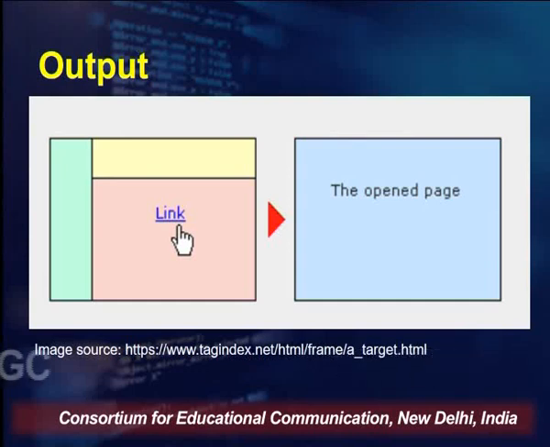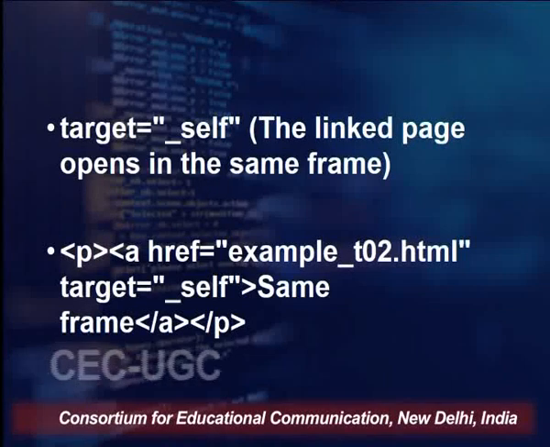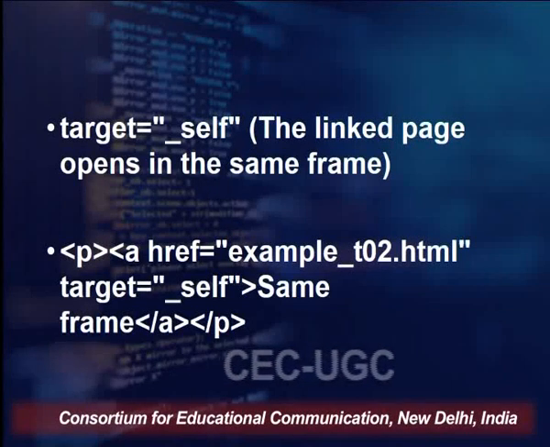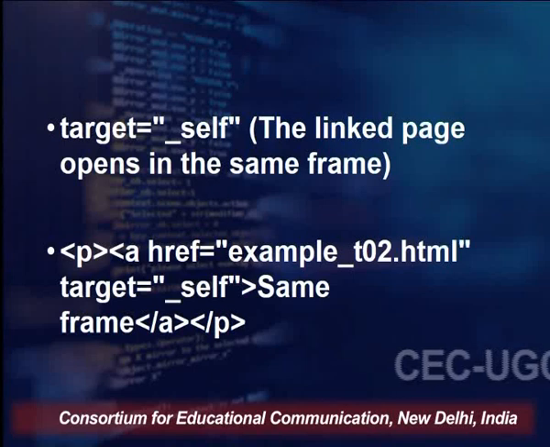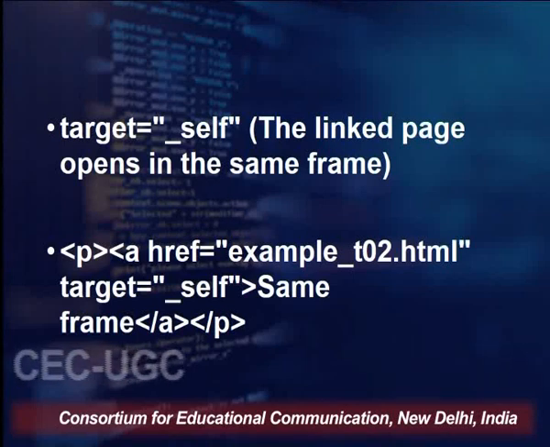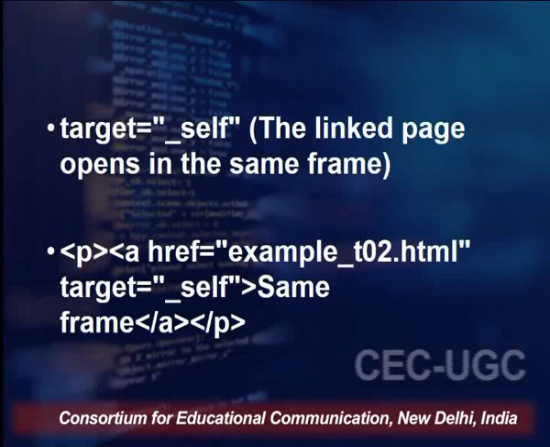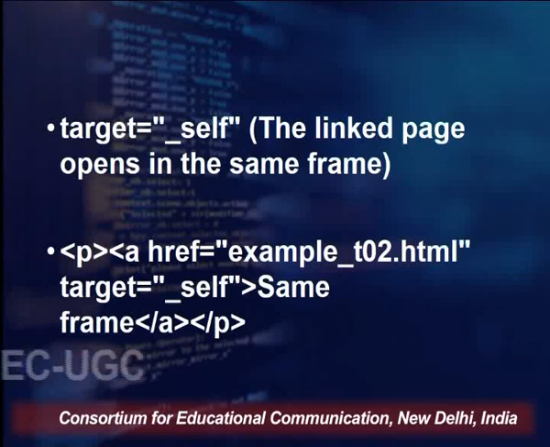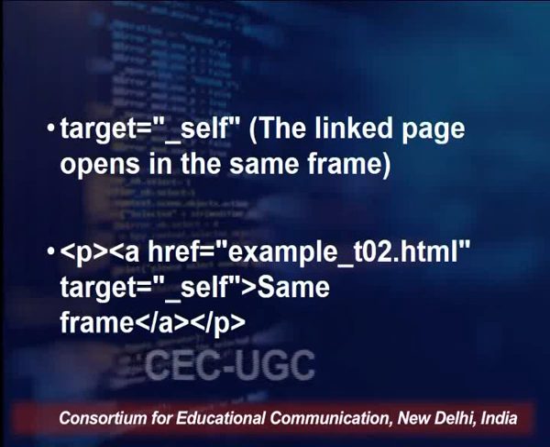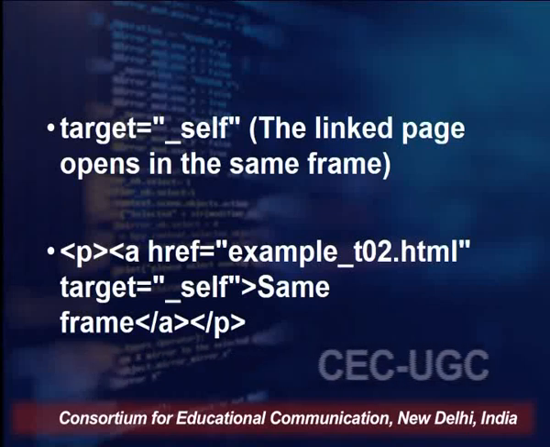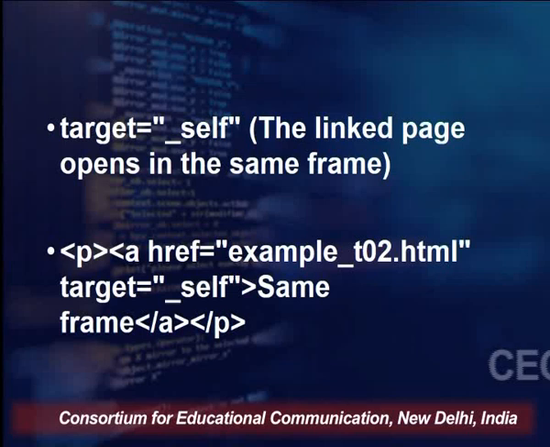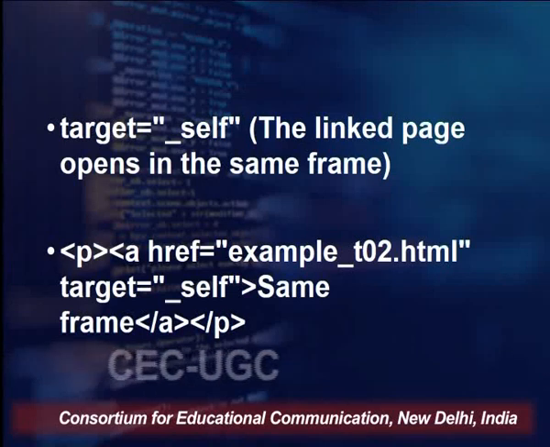Now the second value of the target attribute is target equal to _self. Self, as the name indicates, means the linked page will open in the same frame. How to use it: the tag goes like this, a href equal to example t, whatever reference you have, and then target equal to _self, then there is a text.